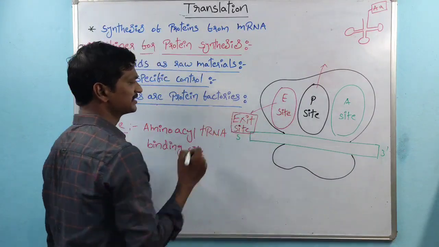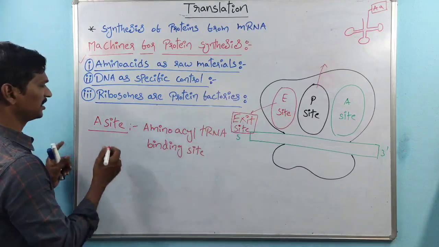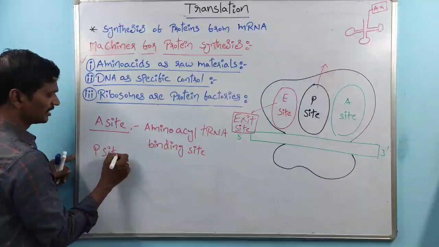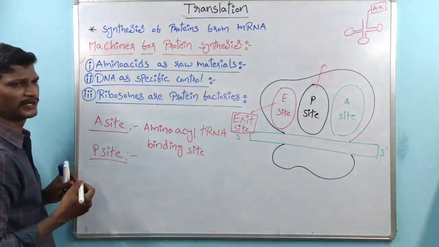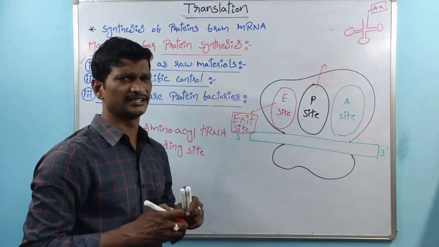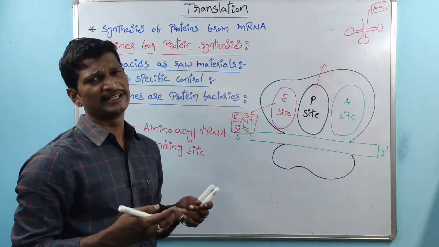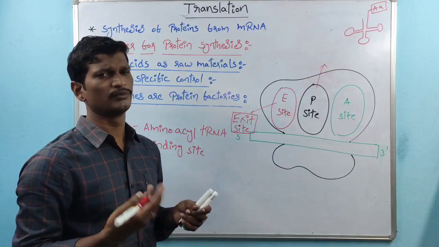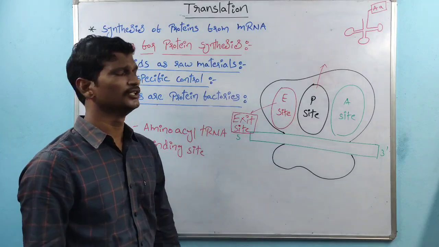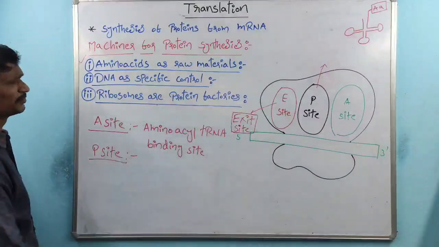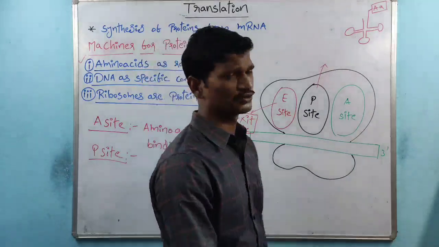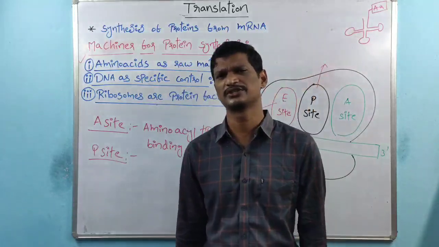That is the A site, and next the P site, which is the site involved in peptide bond formation. The exit site means the empty tRNAs are moving out of the ribosome. That is about the ribosomes involved in protein synthesis. Next we will discuss the steps in the protein synthesis process.